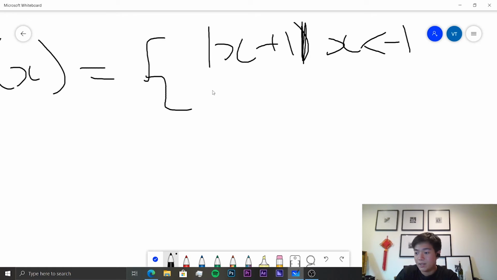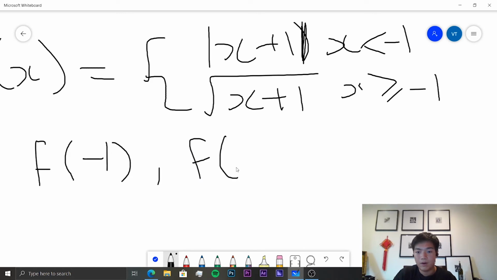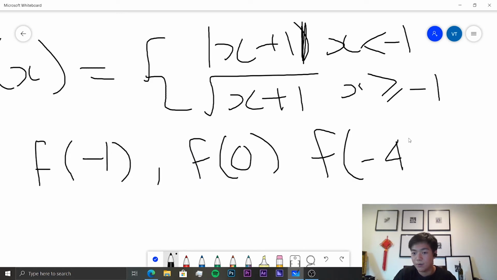Otherwise, it is the square root of x plus 1 for when x is greater or equal to -1. So we need to find the function of -1, the y when x is 0, y when x is -4, and y when x is 8.